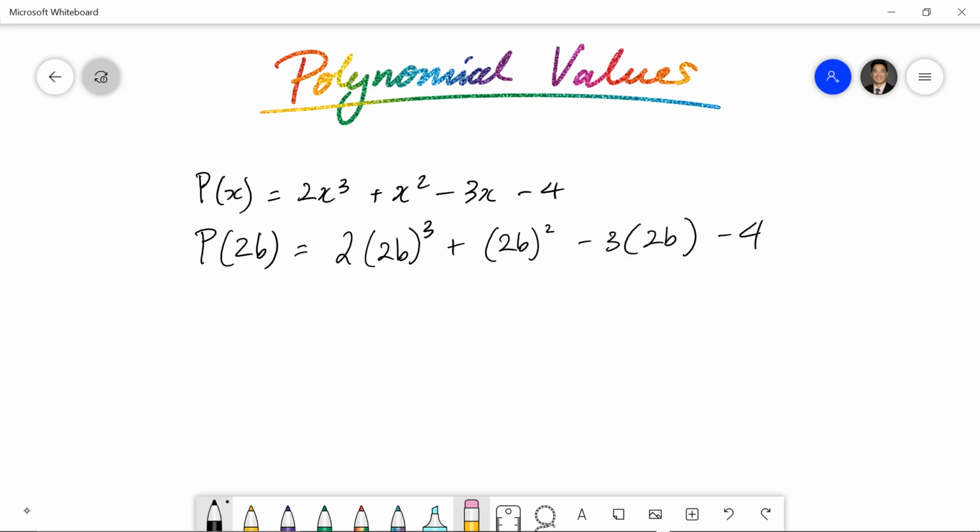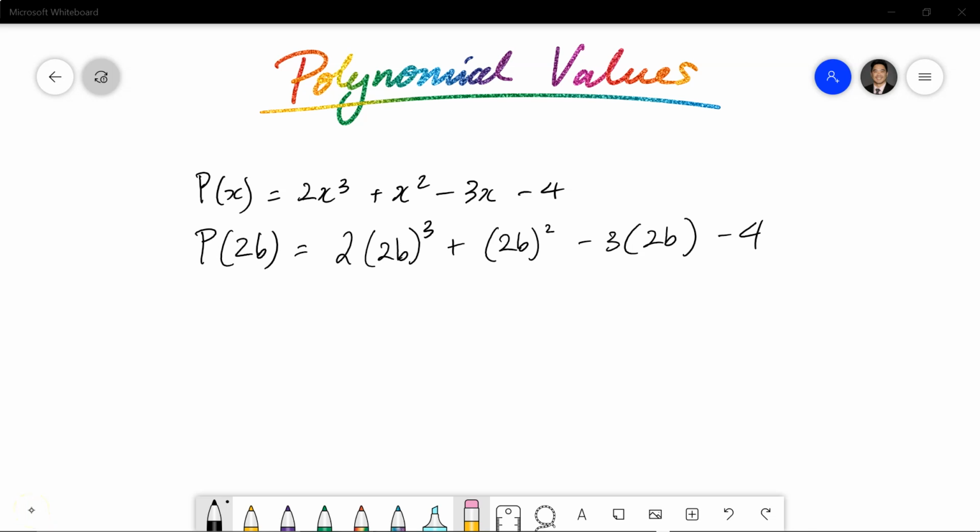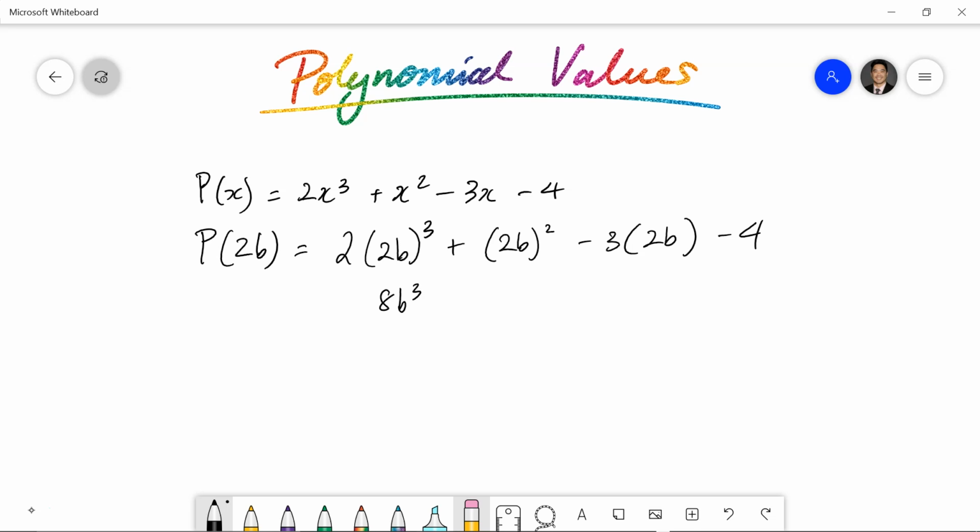Now we're not only replacing with another variable, but we're also including a value, so you want to make sure that you apply the powers to those things. 2 cubed is 8, so 8b cubed times 2 gives us 16b cubed.